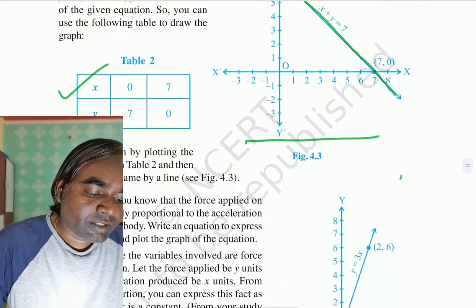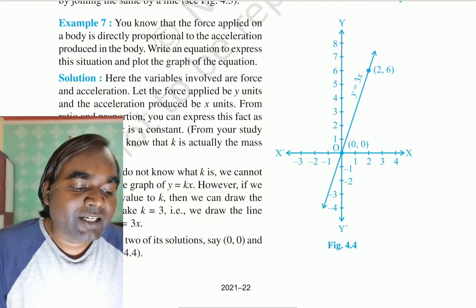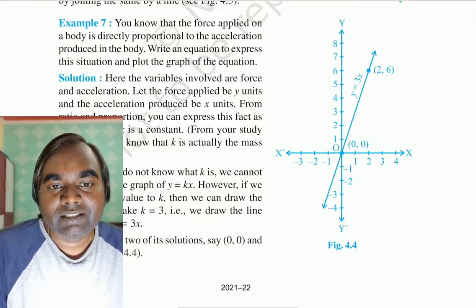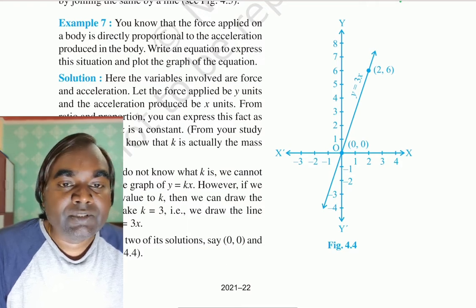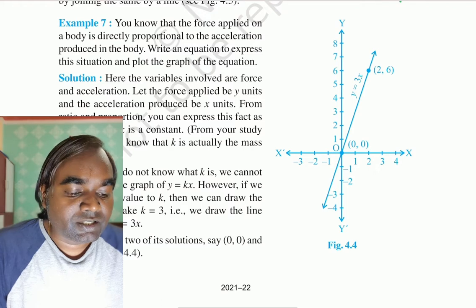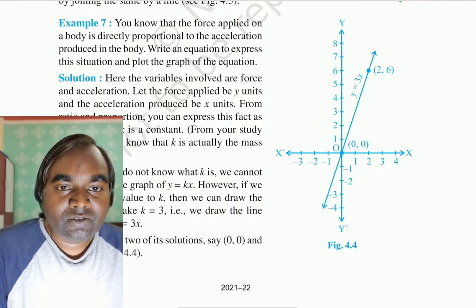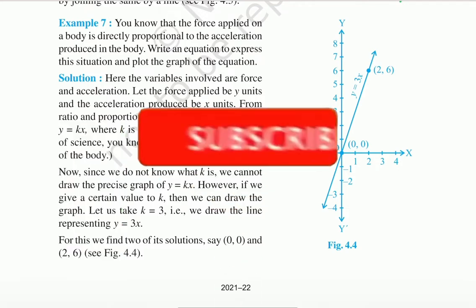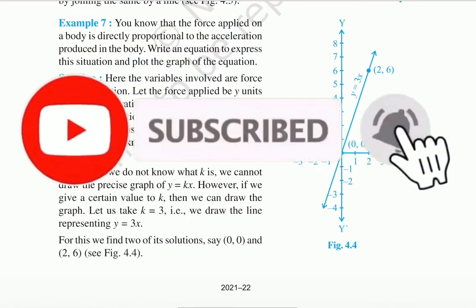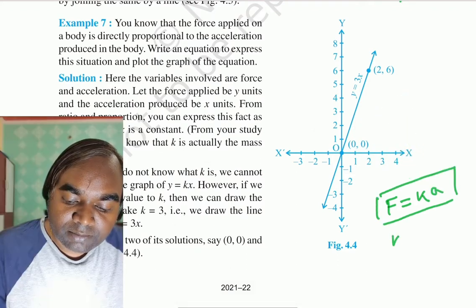Now example number 7. You know that the force applied on a body is directly proportional to the acceleration. That means it is asking to represent the equation of motion for F is equal to a constant times acceleration, F is equal to k into a, where k is nothing but the mass of the body.